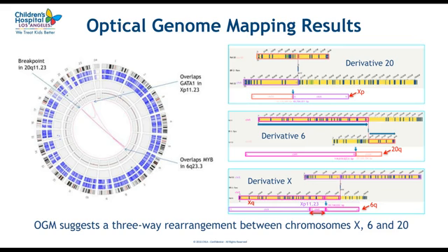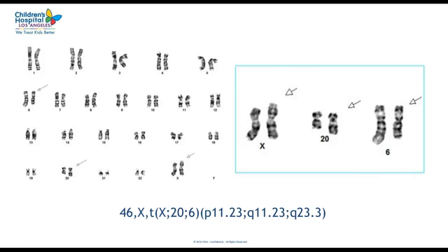So, of course, we were very curious to see if we could verify this rearrangement by looking back at the karyotype. And now, when we knew exactly what to look for, we were actually able to appreciate that chromosome X was also abnormal. If you look at this partial karyotype on the right side of the slide, you can see that one of the X chromosomes has an abnormal looking P arm, because that's 6Q material translocated there.